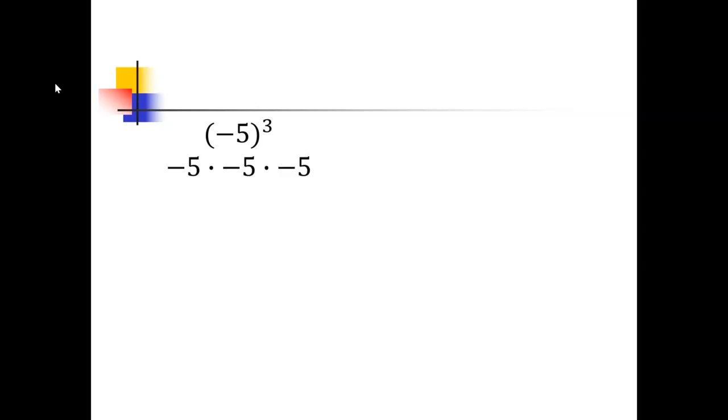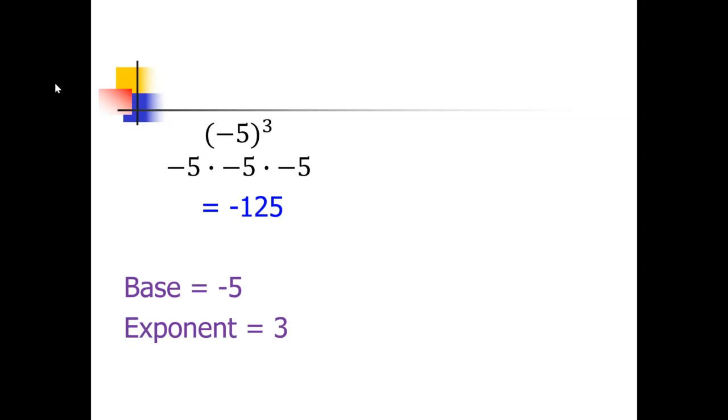Now, whenever your negative sign appears odd number of times, for instance, 3, 5, 7, 9, 11, and so forth, the answer will stay negative. So I would multiply 5 times 5, 25, and 25 times 5, which will give me 125. Because I'm multiplying odd number of times, it's going to be negative 125. And my base, as you can see, is negative 5, and my exponent is 3.